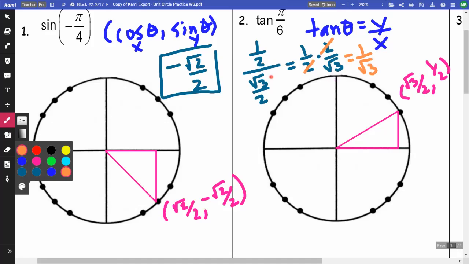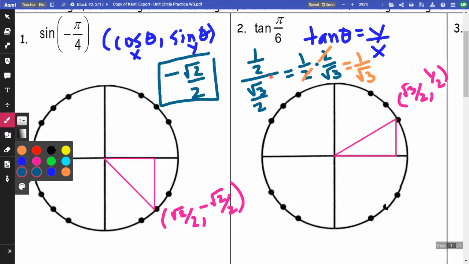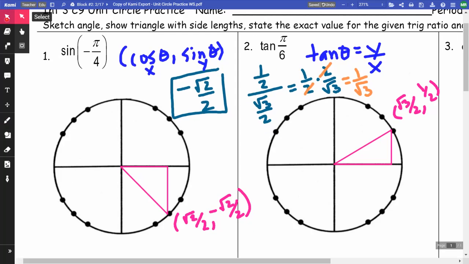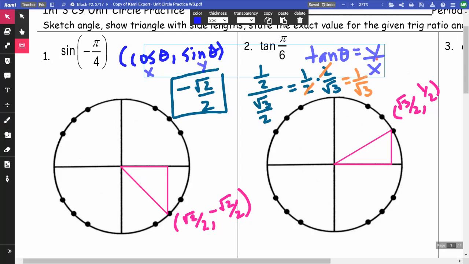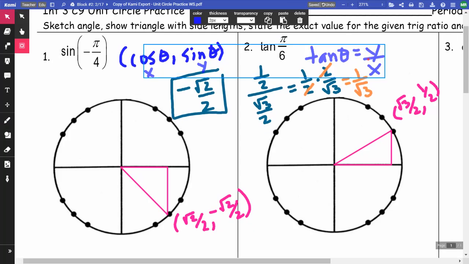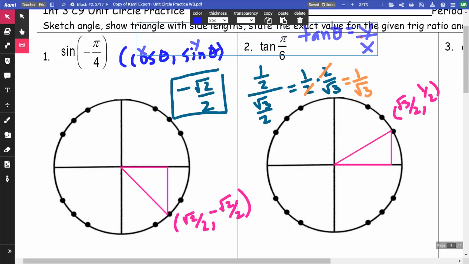When I rationalize it, I'm trying to get rid of the radical on the bottom. So I'm going to need to multiply top and bottom by √3 over √3. And I'm just going to move on.